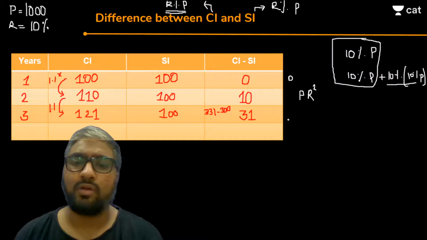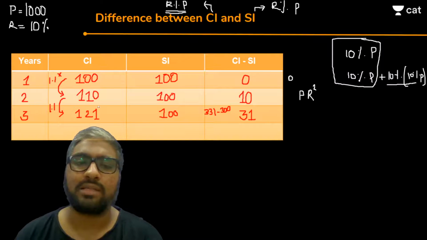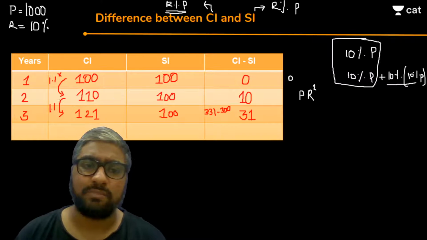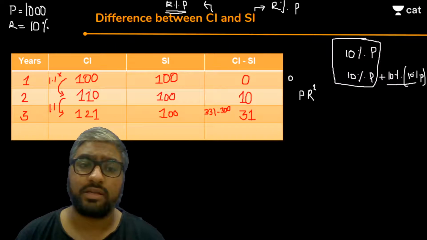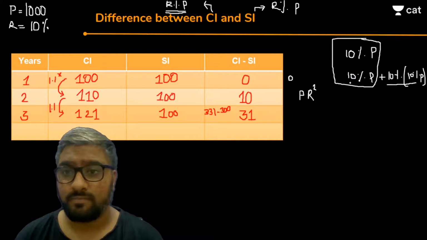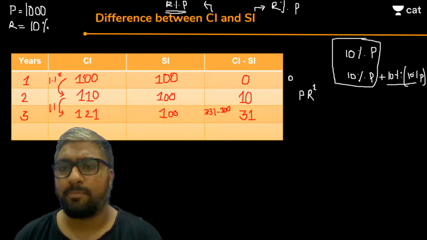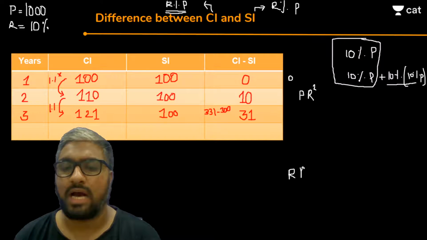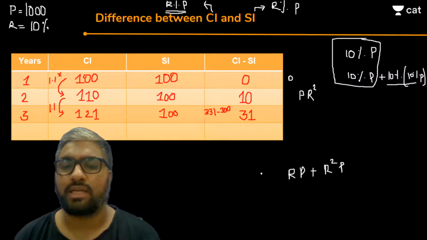If we look at the third year, what happens? The previous year's compound interest is R percentage of P plus R square percentage. For the second year, it is R percentage of P plus R square percentage. Then what would happen in the third year?